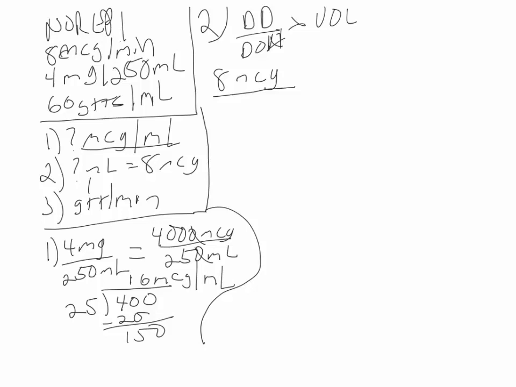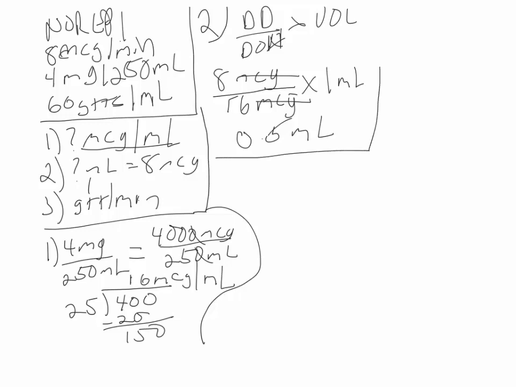Our dose on hand is 16 micrograms, and this volume is 1 milliliter. So this cancels out, and this fraction can be reduced to 1/2 or 0.5 milliliters. So we want to give 0.5 milliliters, so this is the volume we're going to deliver over 1 minute.